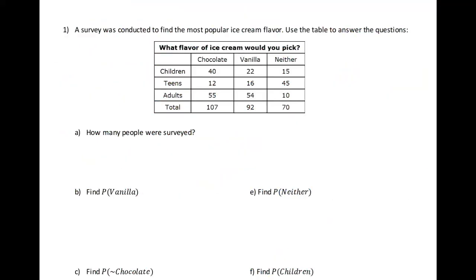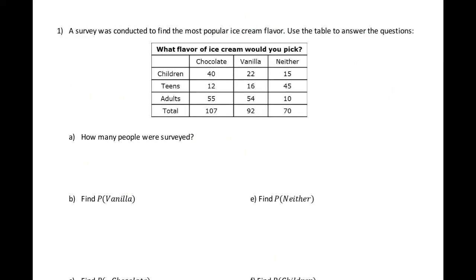Let's go to the top of the next page. So, a survey was conducted to find the most popular ice cream flavor. Use the table to answer the questions. So, we got children, teens, adults. We got chocolate, vanilla, and neither. Do you notice or see that anything is maybe missing?